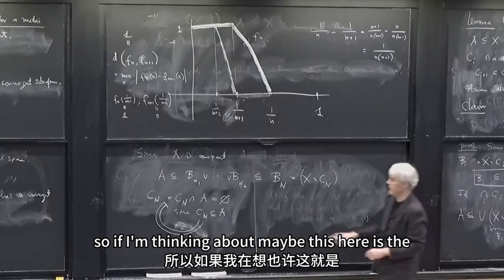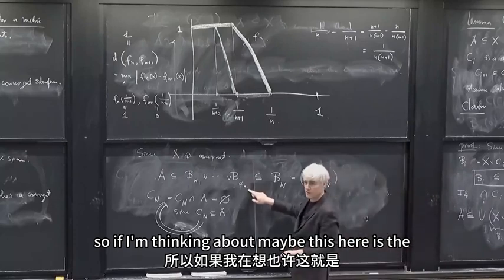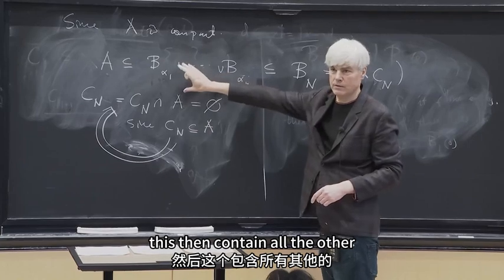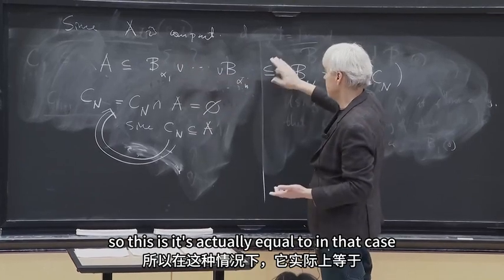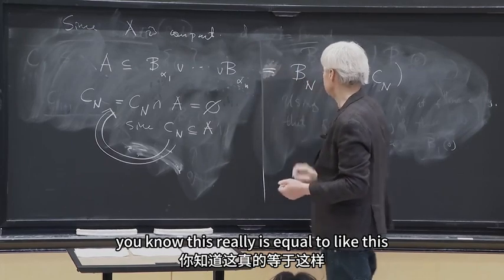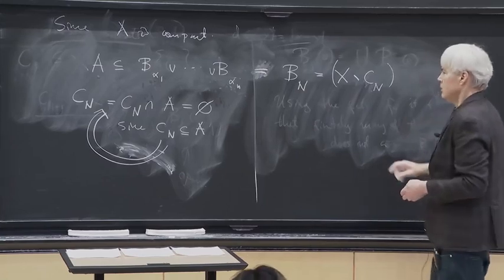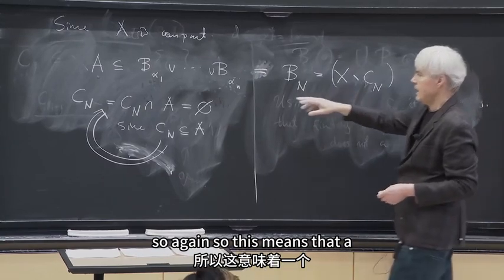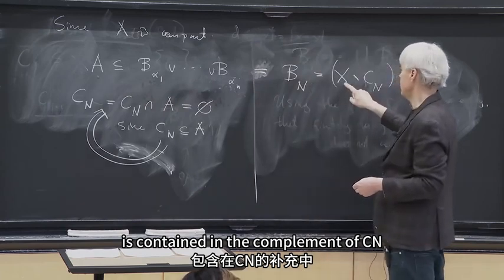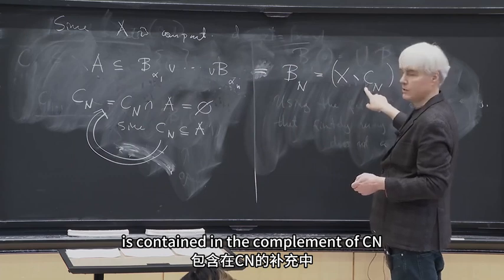So if this here is the one where the index is large, it contains all the others, so this really is equal to this. So again, A is contained in the complement of Cn.